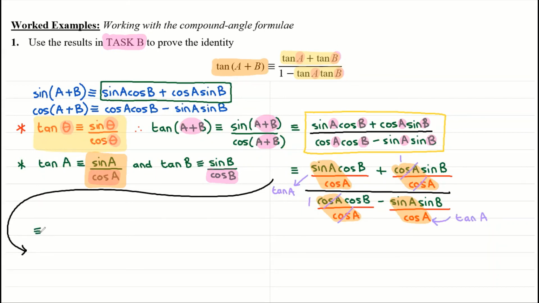So once again, I'm just going to write that tan A. That's the new part. So we've got tan A, and that's multiplying cos B plus sine B. And that's going to be all over 1 multiplied by cos B, sorry.